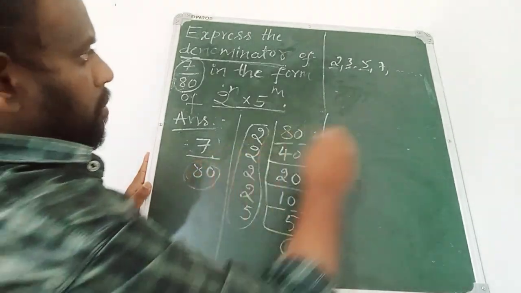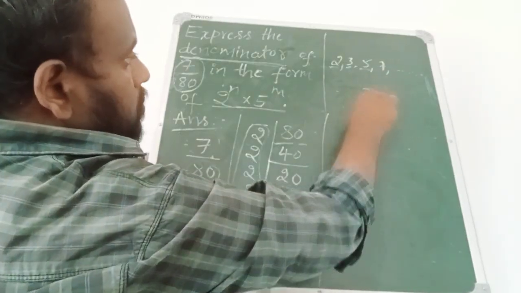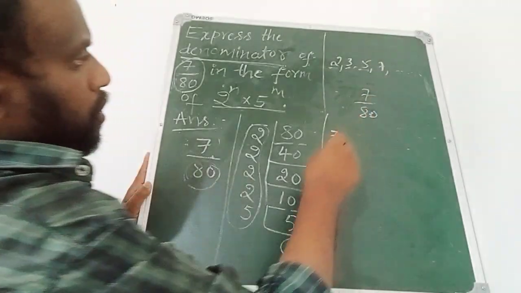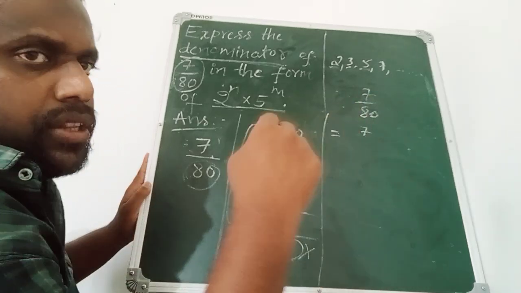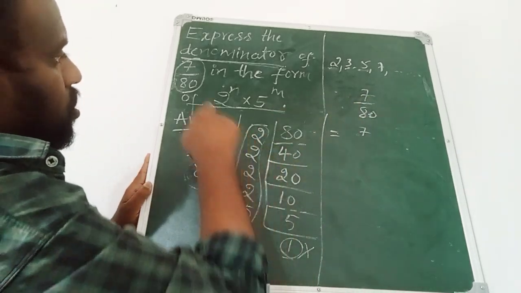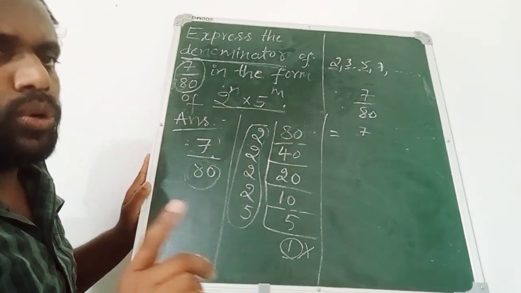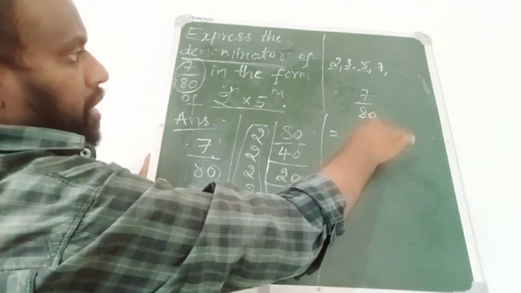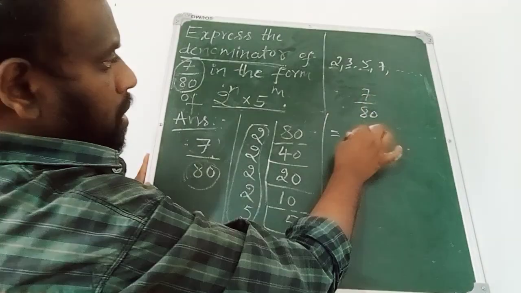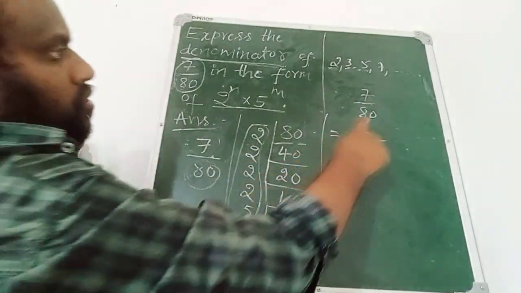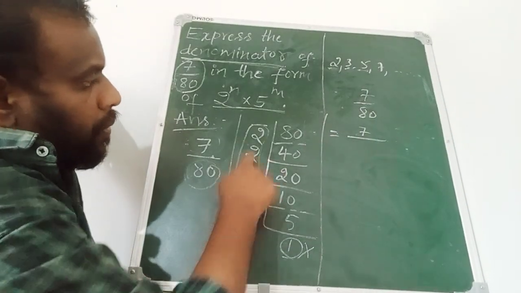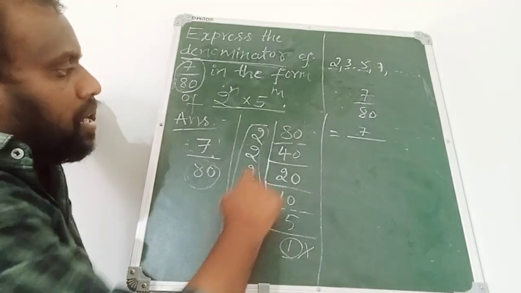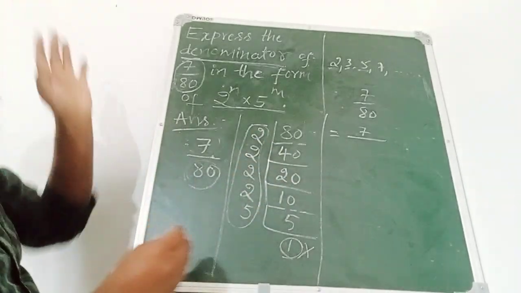Now take this 7 by 80 and write it once again here. That is equal to, 7 written as it is. We don't want to do anything with that, because the question itself is saying don't touch 7, they want only 80. Next, it is the division symbol. In place of 80, write the product of these numbers, that means multiply these numbers.